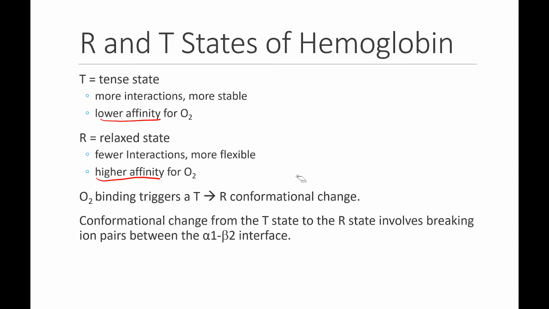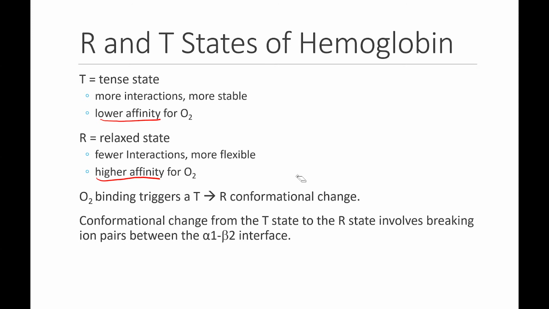Now remember that in this case, the molecule has cooperativity. And for hemoglobin, oxygen binding triggers the molecule to go from a T state to an R state. So once it does bind oxygen in its T state, it's more likely to bind oxygen, right?